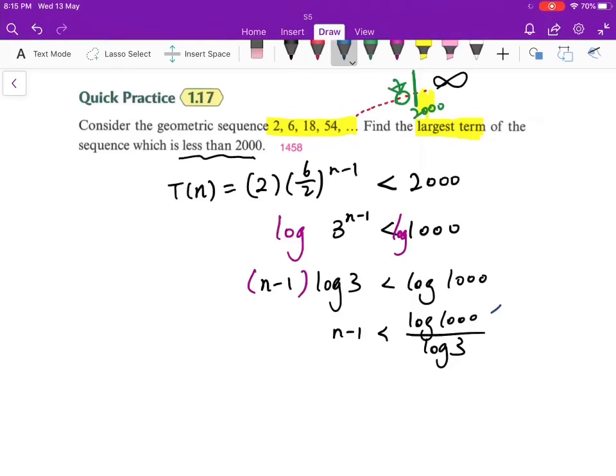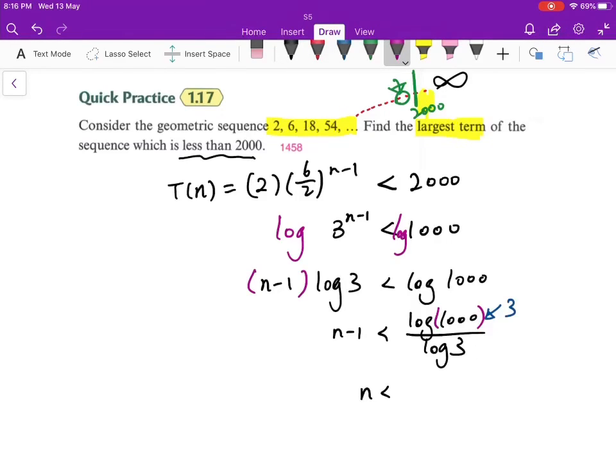If you already remember it, this one is free. So now just use the calculator to help yourself. Take up the calculator, find the log, then do log 1000 divided by log 3. Remember, when you open the bracket, make sure that you close the bracket.